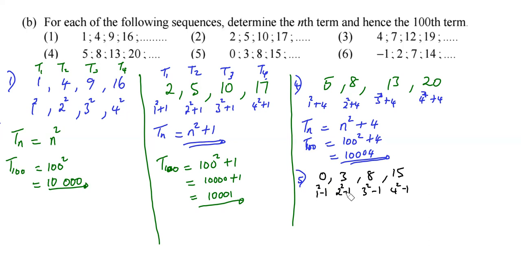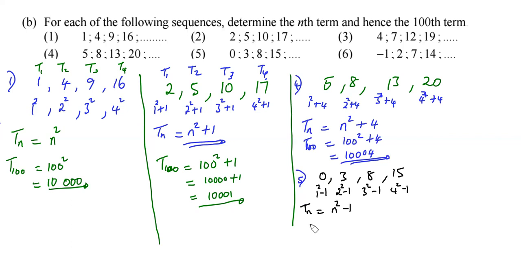So 1 squared minus 1 gives us 0. 2 squared is 4, minus 1 gives us 3. Then 3 squared is 9, minus 1, you get 8. 4 squared is 16, minus 1, you get 15. So here you can see that our Tn is equal to n squared minus 1.